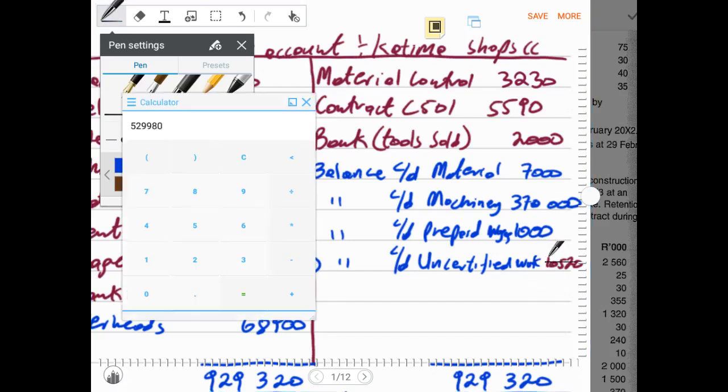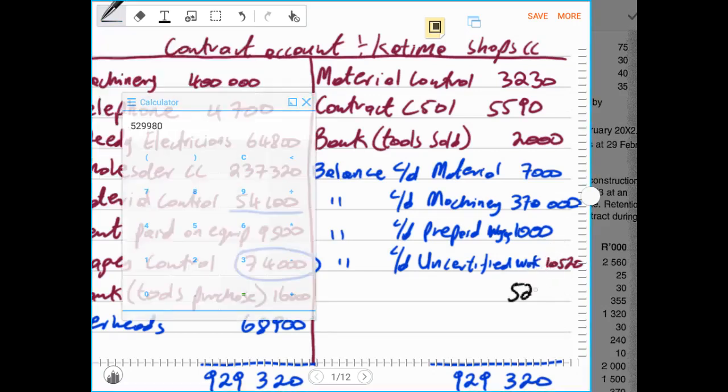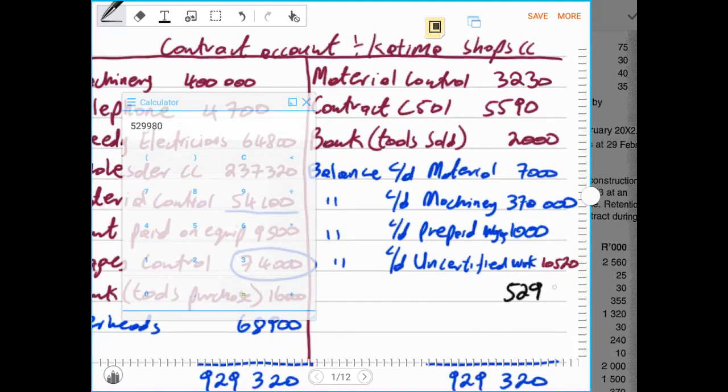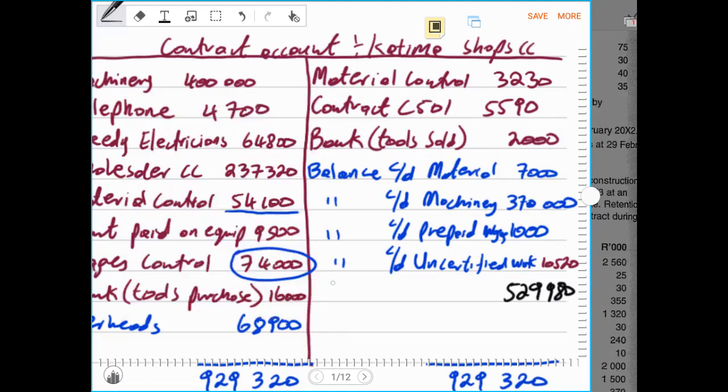Let me check it again. 529,980, and this will be the balance carried down, which is the cost of sales.